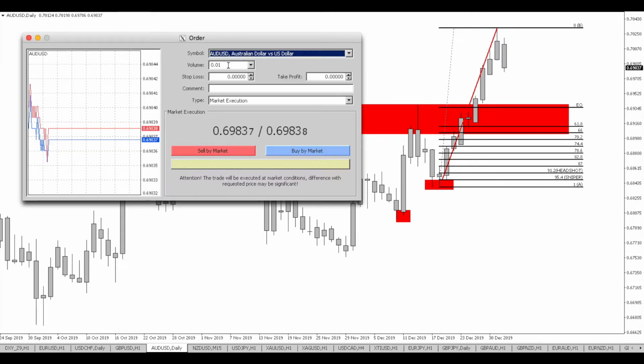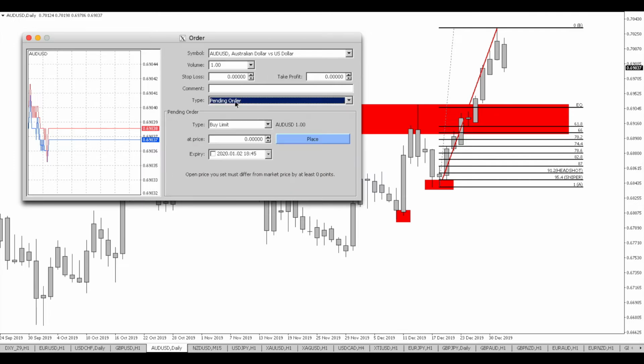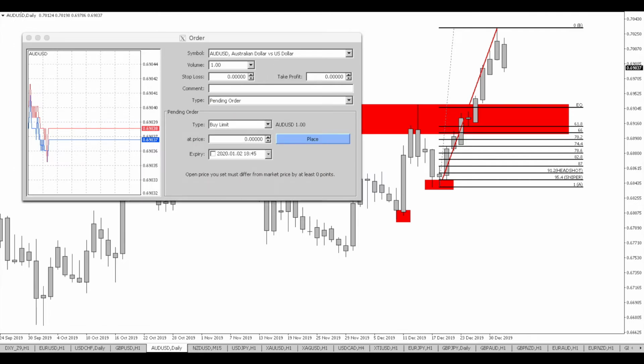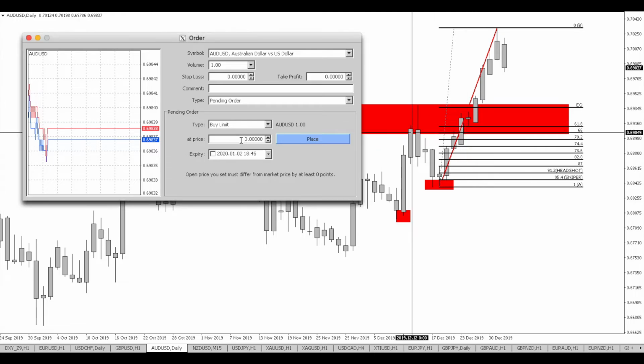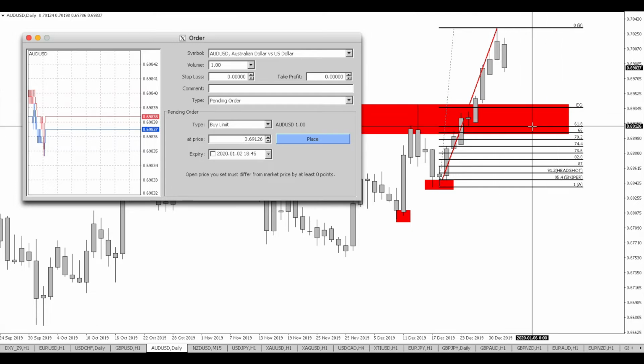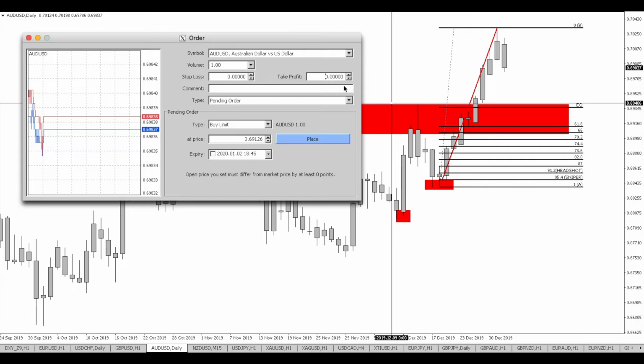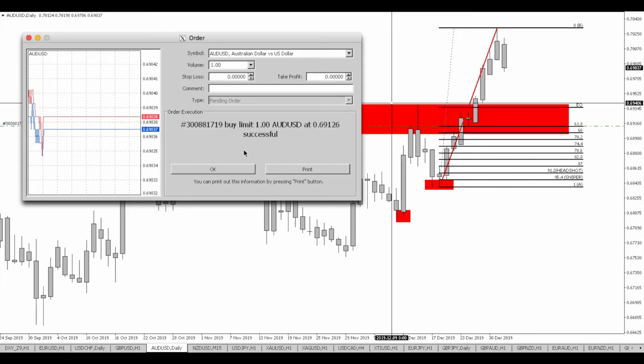So we get our limit out. We say we're going to go long, obviously one lot. I'm just showing you how it will go. You write a buy limit. What's the price? So the price is 0.69126. And then you obviously can put your stop loss in, put your take profit wherever you want, but then you'd place that limit like that.